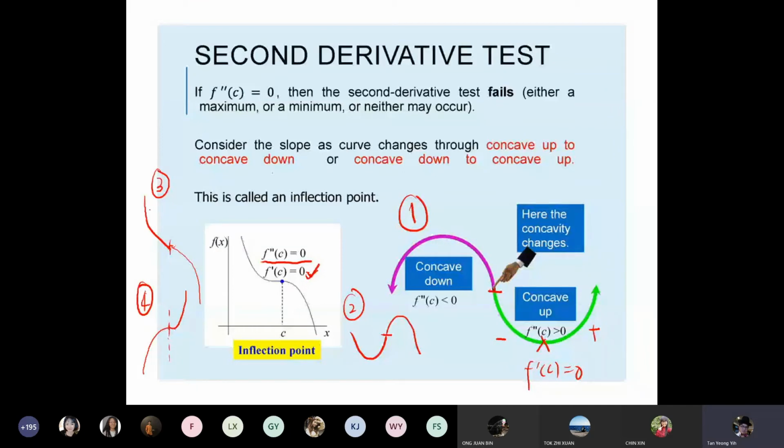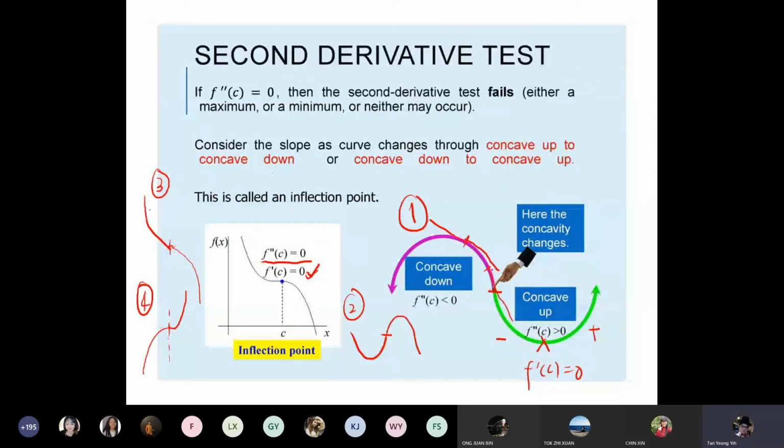There is a question here. Is it just the same sign of slope, or is the value of the slope also the same? No, just the sign only. The slope is different. You can see here, let's say we take this as an example. At this point, the slope is like this. At this point, the slope is like this.